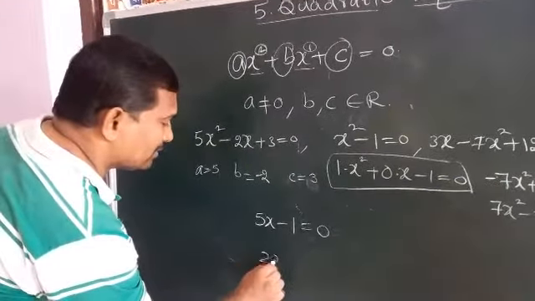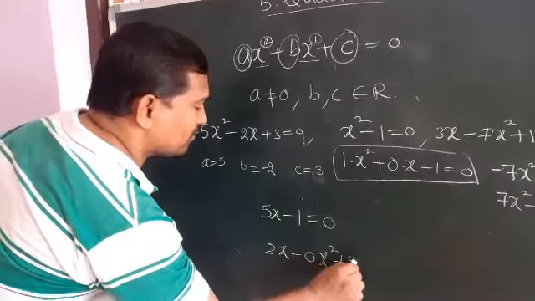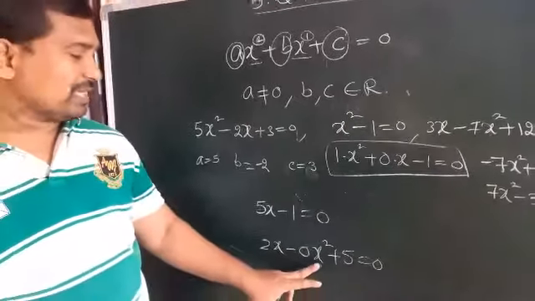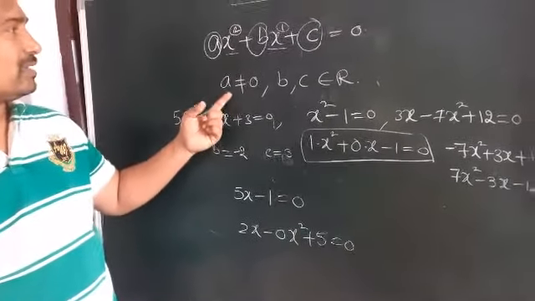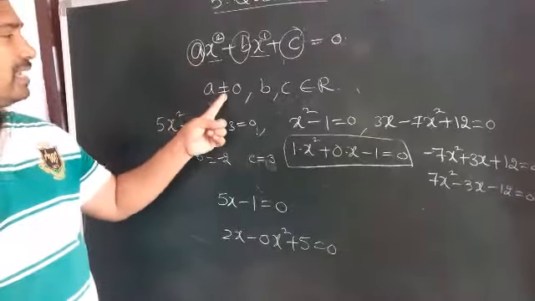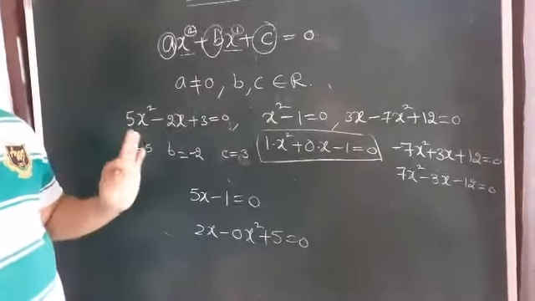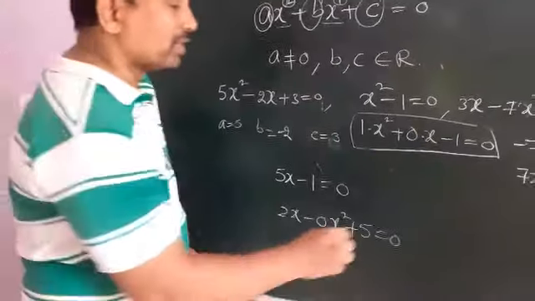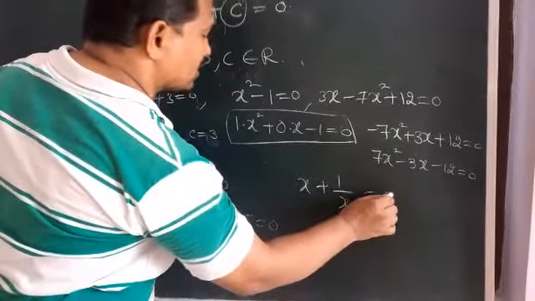If I take 2x minus 0x square plus 5 equals 0. Here also x square term is there, but x square coefficient is 0. In the definition what we say? So the a is a non-zero real number. If the coefficient of x square is 0, then that is not a quadratic equation. Let us see some more examples. X plus 1 by x equal to 0.